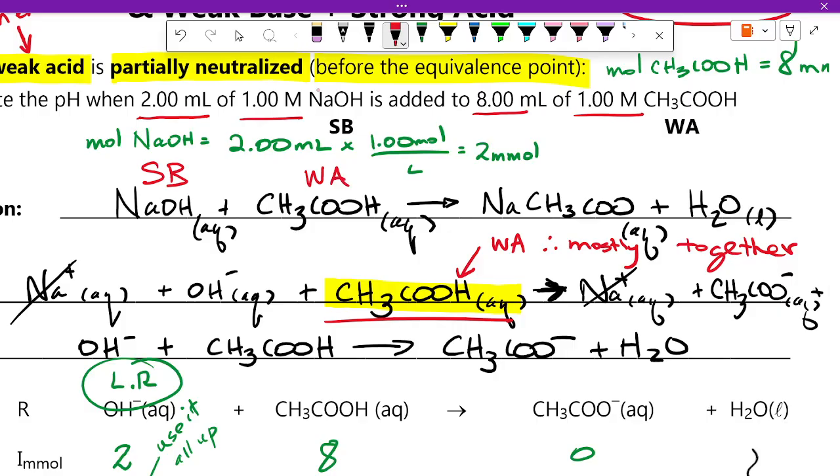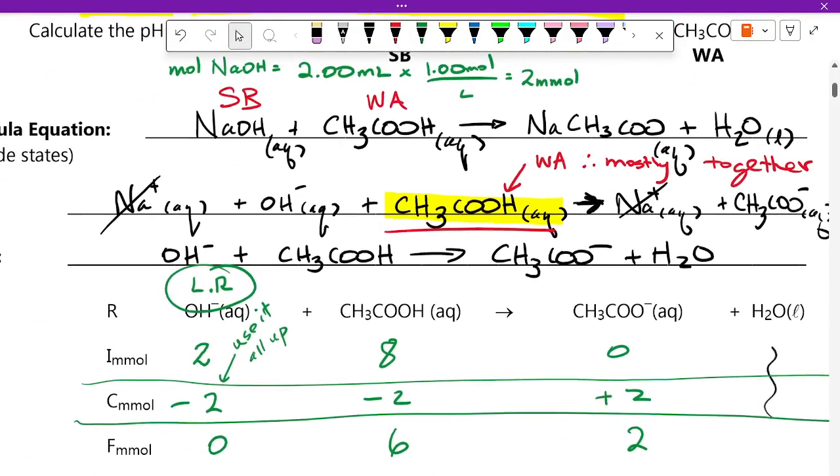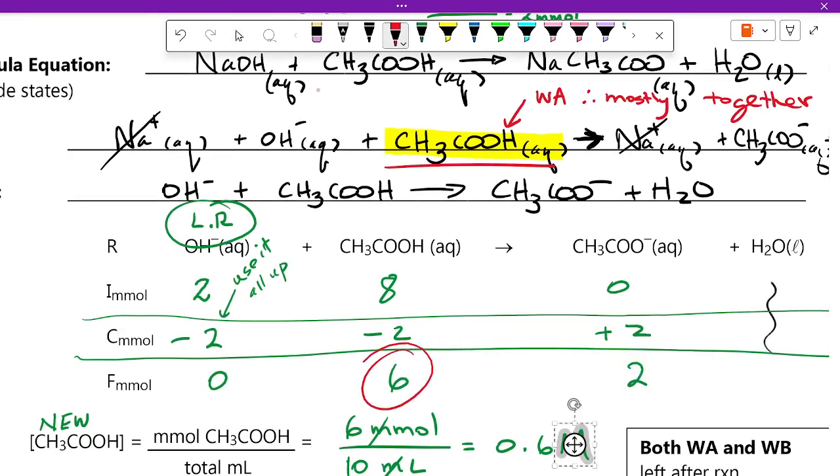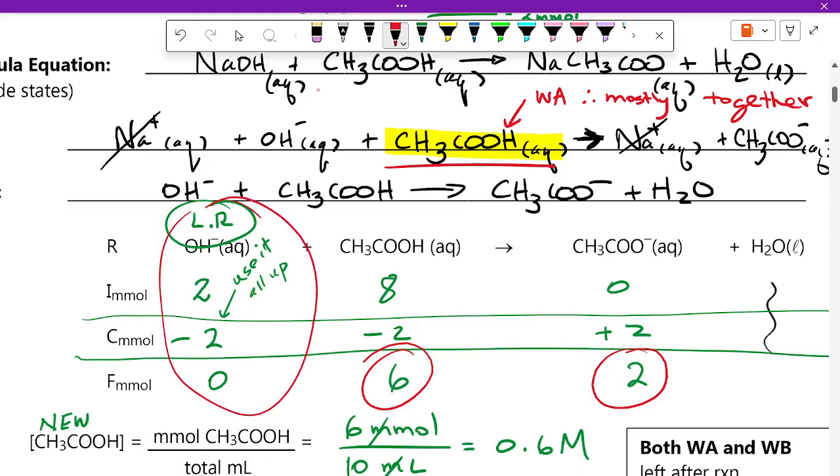And we went through and did a RICFA table, and we got some acid left over and some base produced. Yes? Because we used up all of the OH minus. So we ended up with some acid and some base.